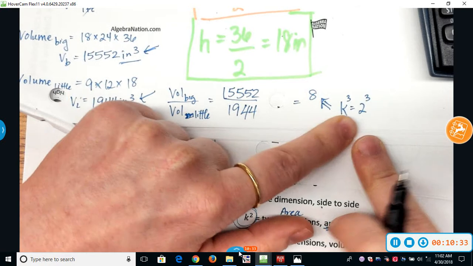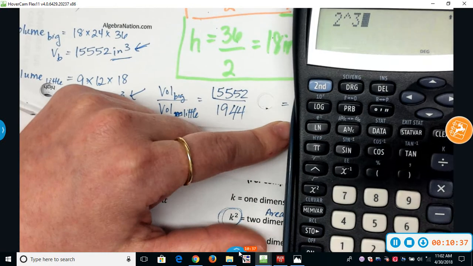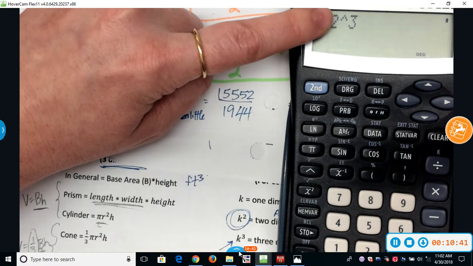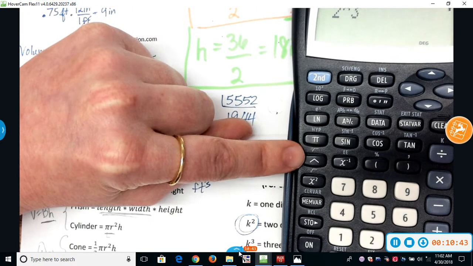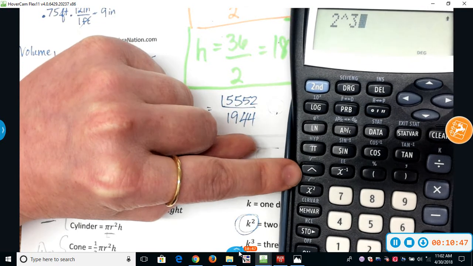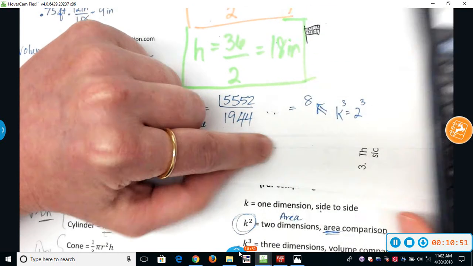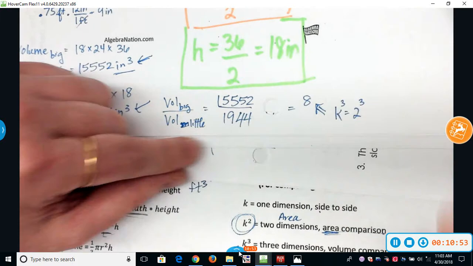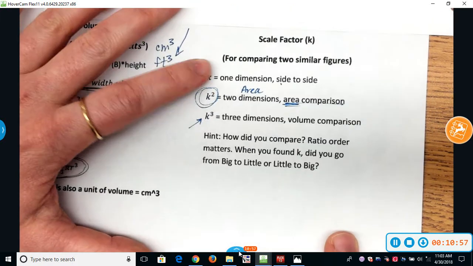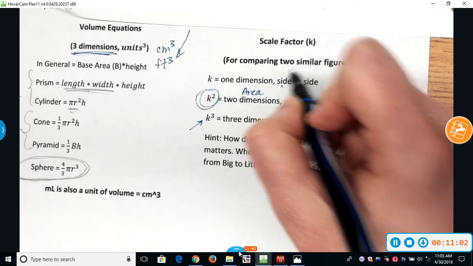Okay, so let's just check it. 2 to the 3rd power is 2 times 2 times 2. Again, the caret key could shortcut some time. That's that button right there. That gives you an exponent that you want other than 2. Enter, it's 8.